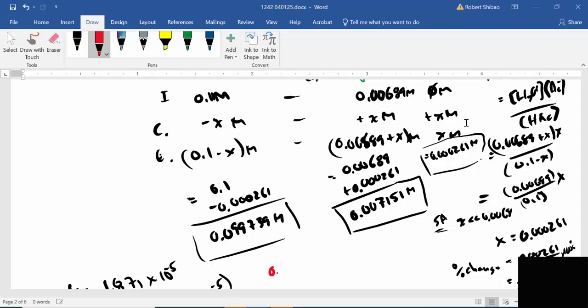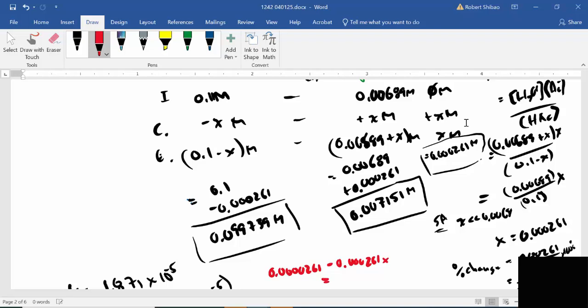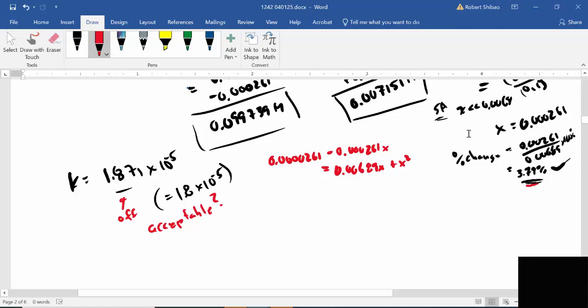So this is going to be 0.0000261 minus 0.000261x is equal to, over on this side, 0.00689x plus x squared. All right, let's get all the terms on one side. So this is going to be x squared.